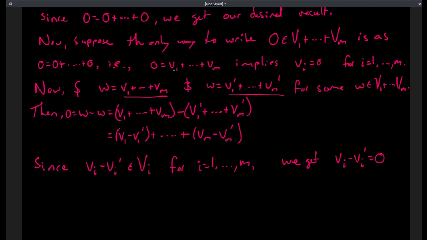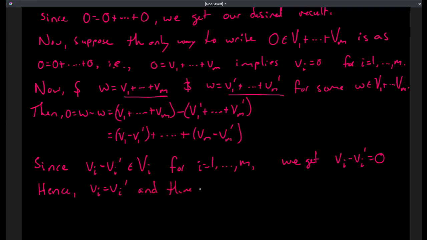That is, if 0 is equal to a sum of v's, then all those v's are 0. Here I've got 0 equal to a sum of v's, so all those v's are zeros. Hence, Vi equals Vi prime.